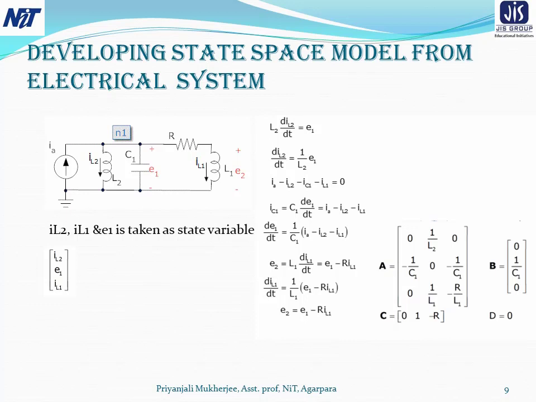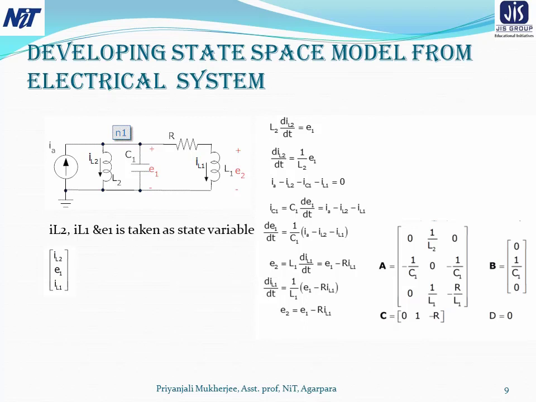For IL1 dot, the coefficient of IL2 is 0, for E1 it is 1 by L1, and for IL1 it is minus R divided by L1.